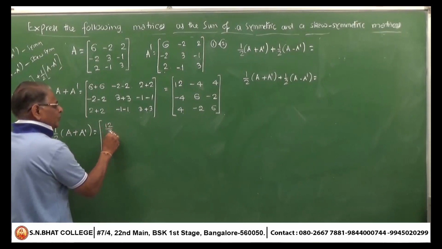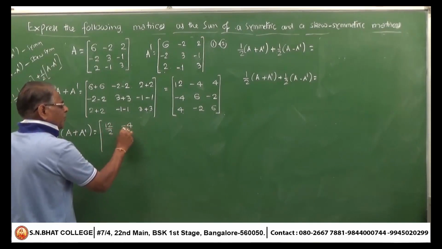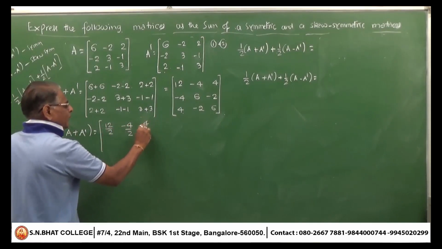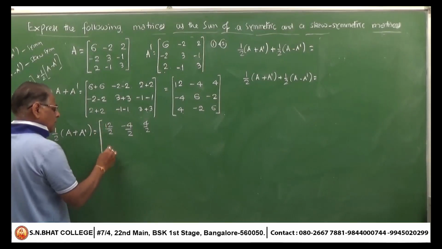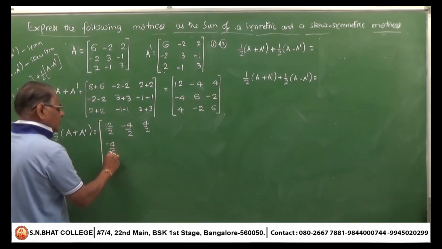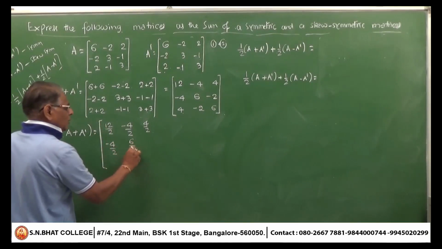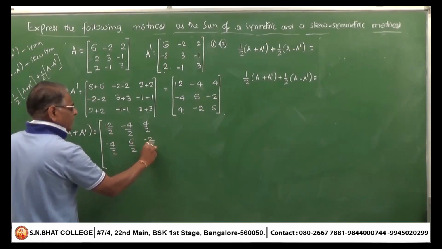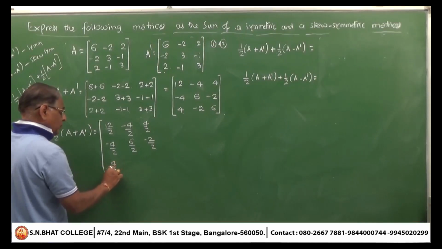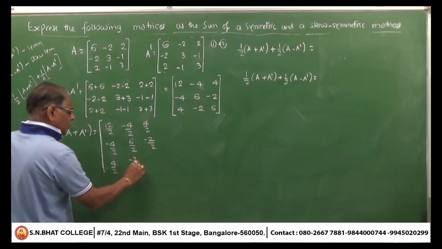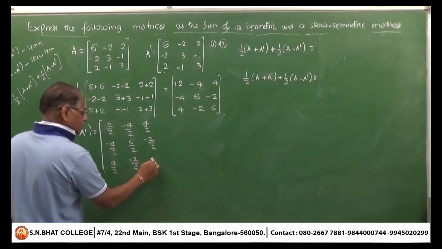This is 12 by 2, minus 4 by 2, 4 by 2; minus 4 by 2, 6 by 2, minus 2 by 2; 4 by 2, minus 2 by 2, 6 by 2.